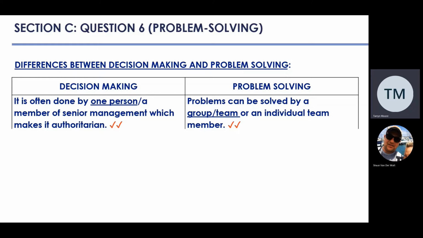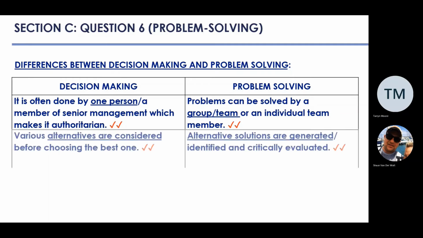When I talk about problem solving, I'm talking about a group or team that can get together, or it can be an individual team member, but problems can be solved by a group. When I look at decision making, I look at various alternatives that need to be considered. The emphasis is on alternatives. Please, grade 12s, when I look at problem solving, I'm looking at alternative solutions that are generated.